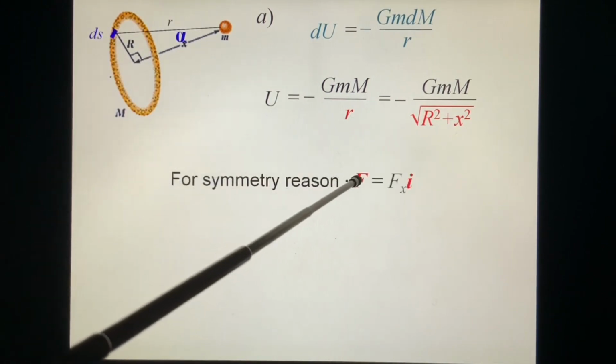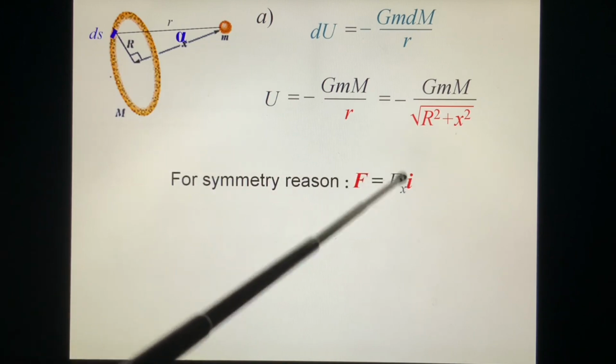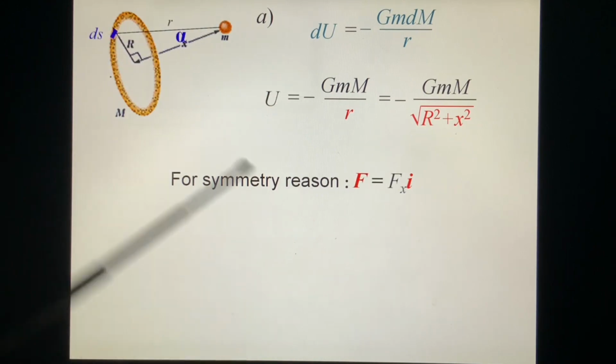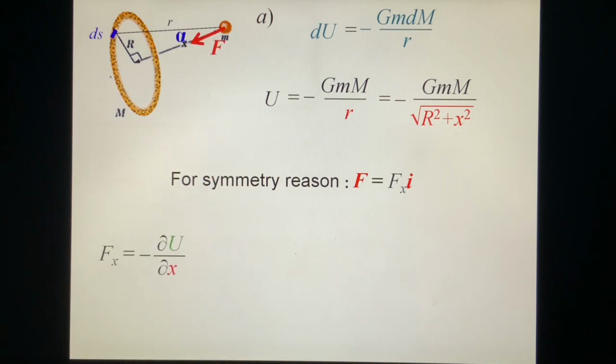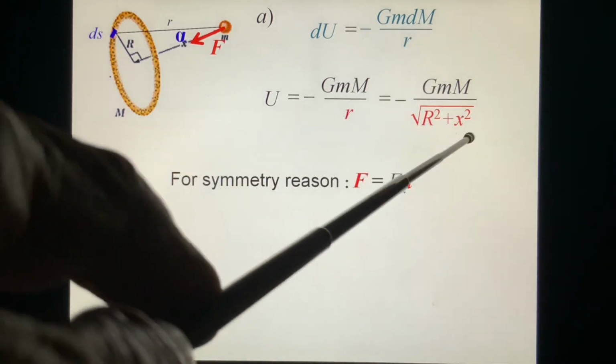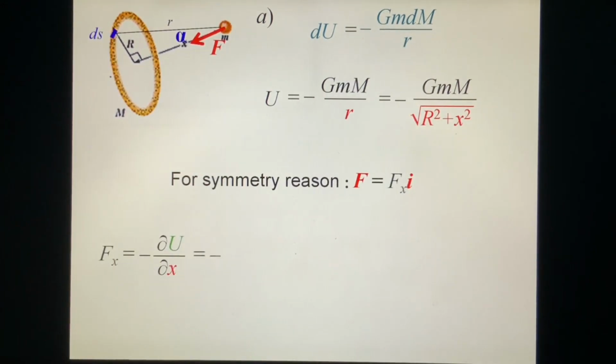Because of symmetry, this F is along this direction. So how do we find it from U? We learned before, Fx equals minus ∂U/∂x. We do this differentiation with respect to x. We find this one equal to, very easy, minus, and to the derivative we have another minus.